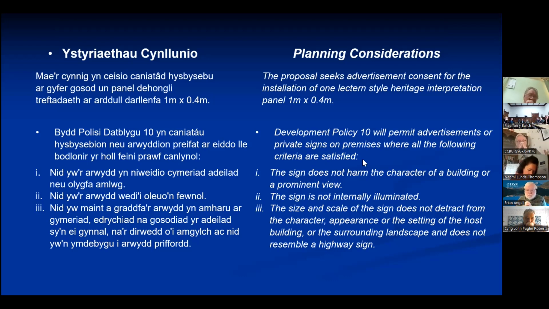And the relevant criteria that the interpretation panel needs to consider is that it doesn't harm the character of a building or prominent view. It's not internally illuminated, and its size and scale does not detract from the character of the immediate surrounding area and also the wider landscape, and that it does not resemble a highway sign.